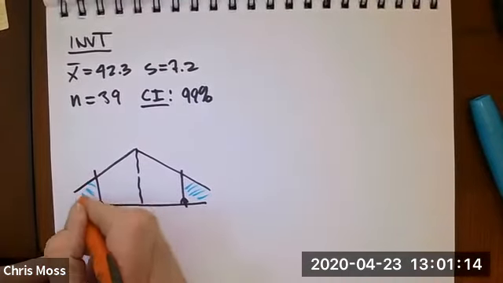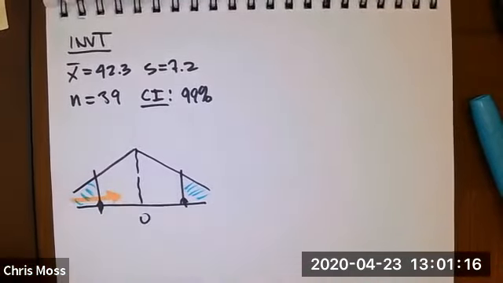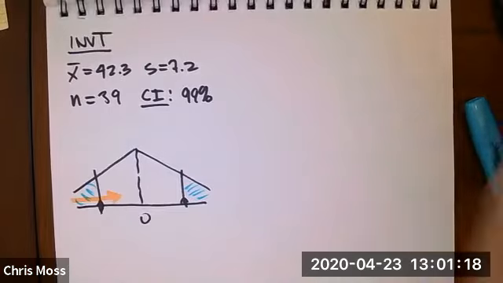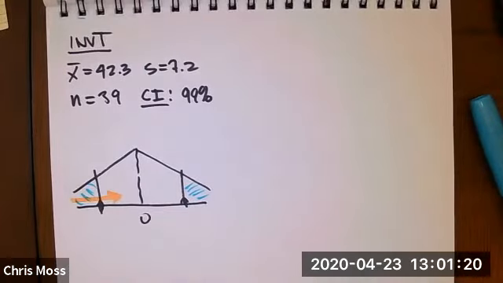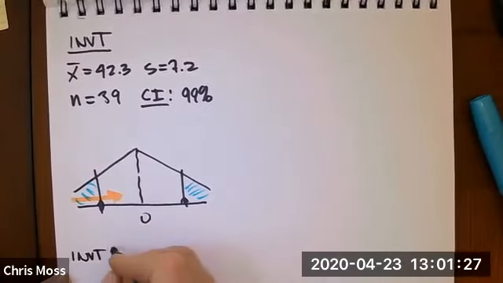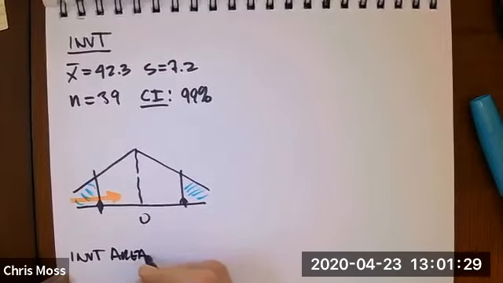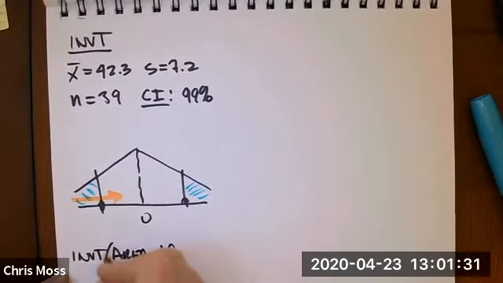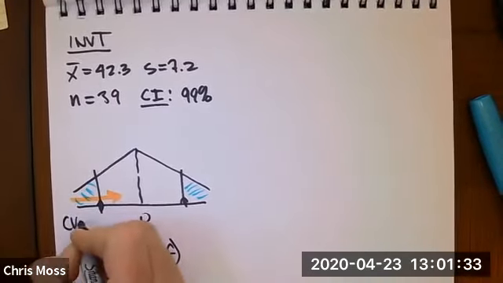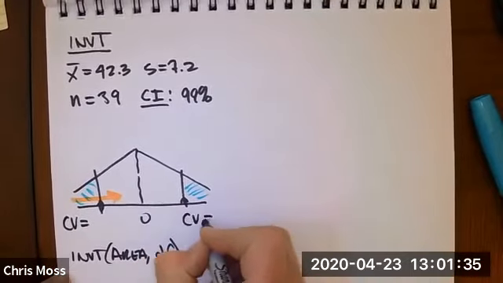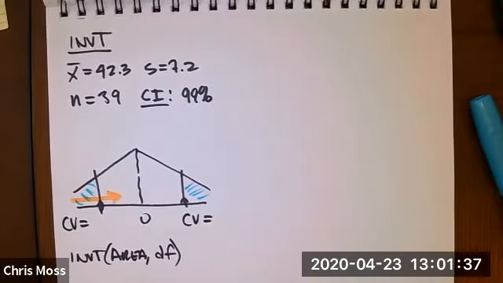I have to provide area that is strictly measured from the far left in. So in the inverse T tool, I will provide area and the degree of freedom. Then I will rely on symmetry to get me the rest of the way there.